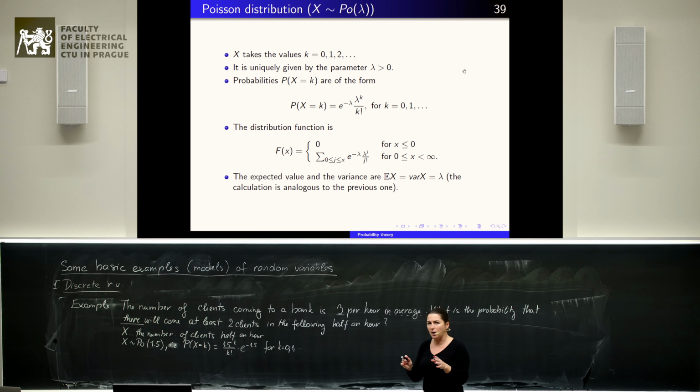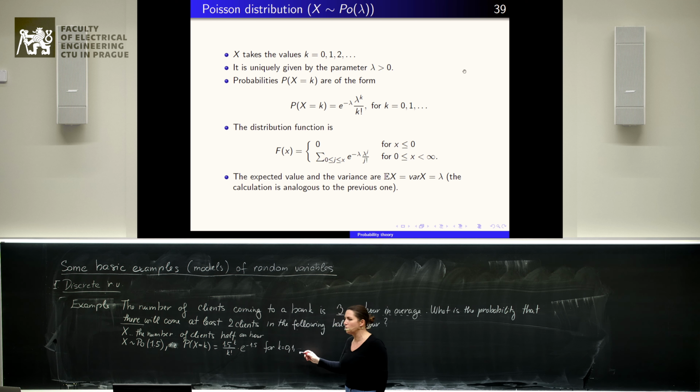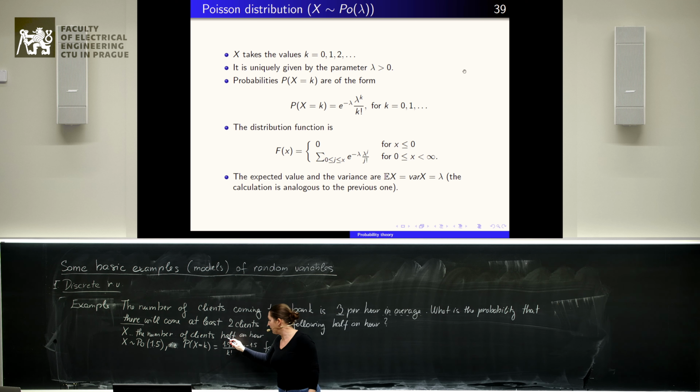So the probability 1 is distributed among the values 0, 1, 2, 3, and so on till infinity in this way. Each k is given the probability 1.5 powered by k over k factorial times e powered by minus 1.5.